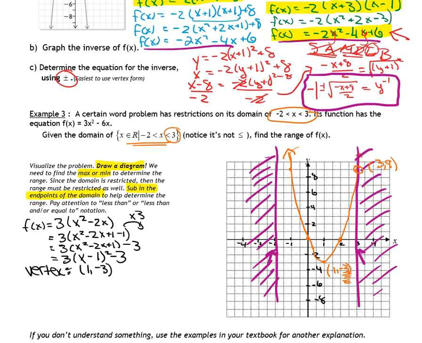How about blue? So the endpoints of the domain, if I sub in f at -2, what do you get? I want you to work that out yourself. Sub it in up here, f at -2, what do you get? F at -2, that would be a 24.